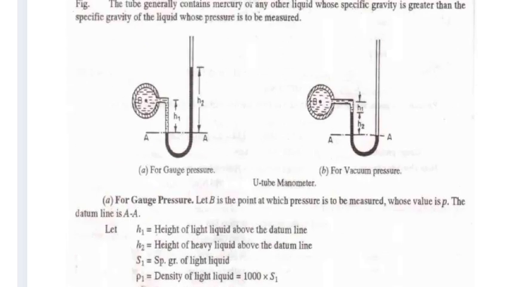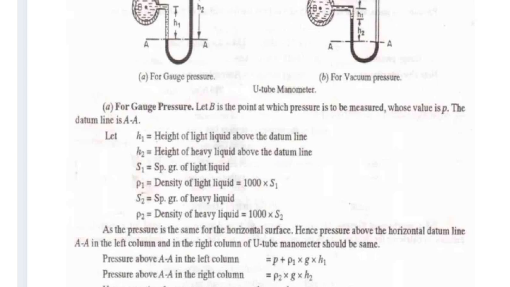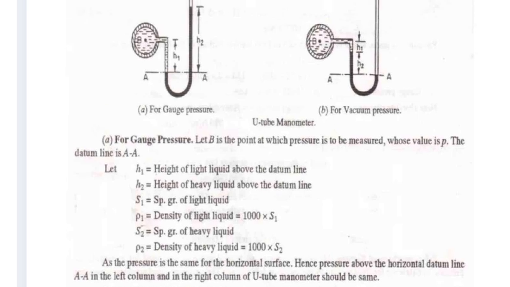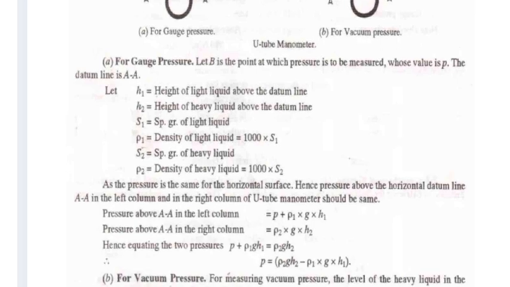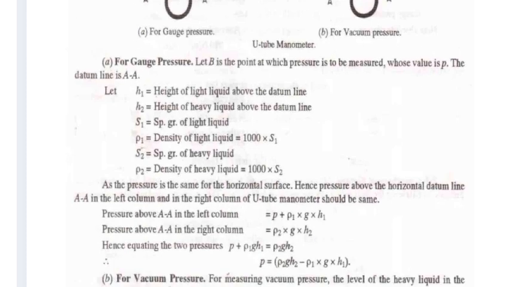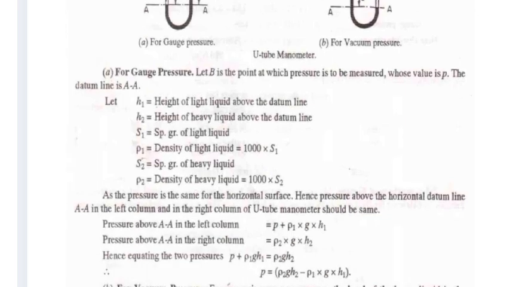So for pressures, we can type this formula. This is rho g h. Suppose this is pressure P plus the height H up to here, plus rho g h again. For the datum, if this is the left side column pressure, the right side column pressure is rho g h2 into this height.